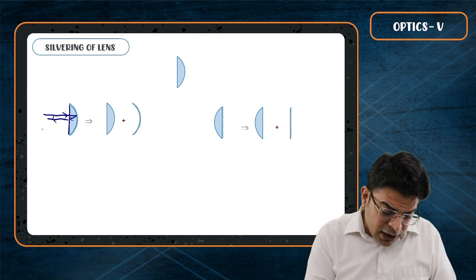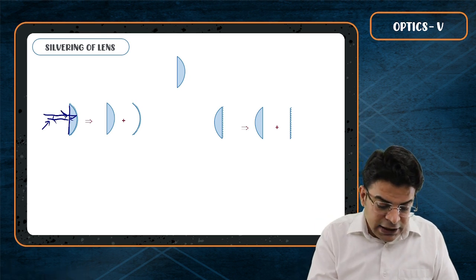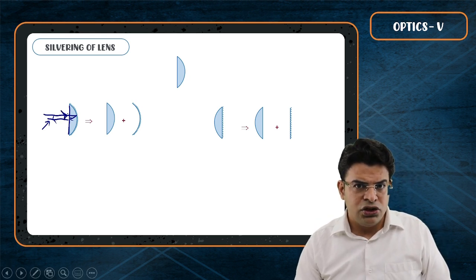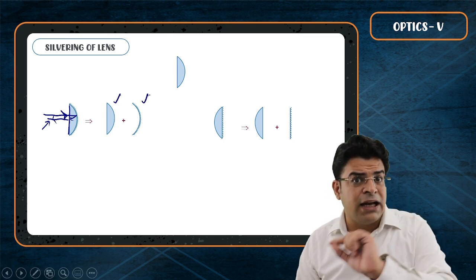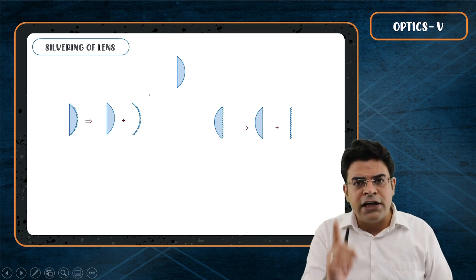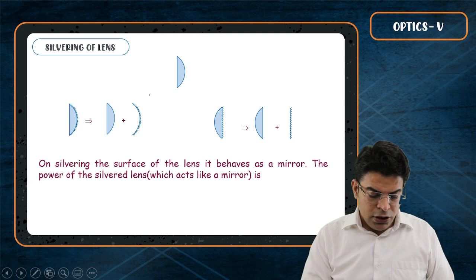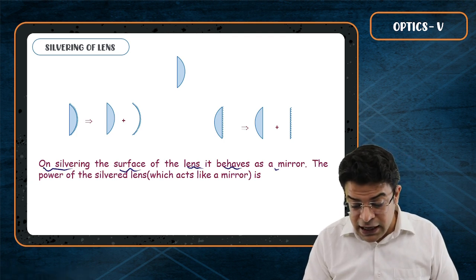But the final emergent ray moves in the direction opposite to the initial incident ray, right? So overall, this lens plus mirror combination acts like a mirror. So do understand that the lens plus mirror combination acts overall like a mirror. So on silvering the surface of the lens, it behaves as a mirror.